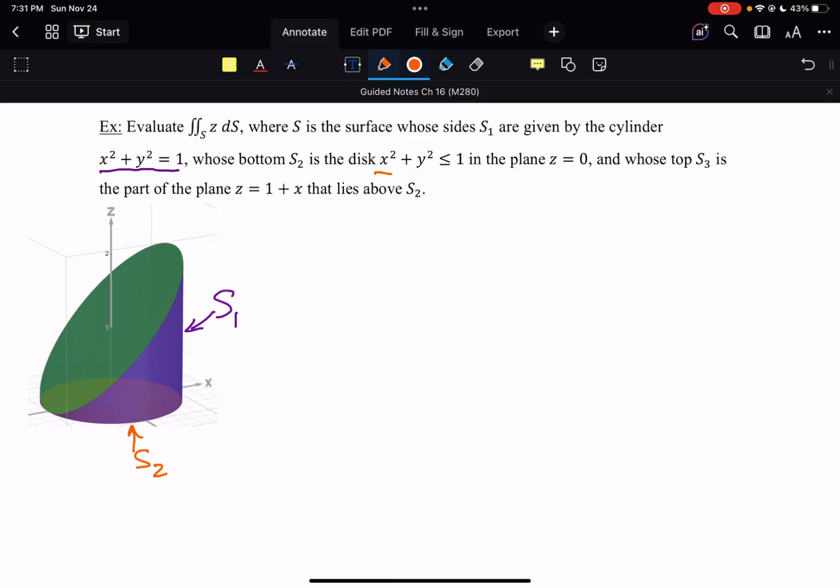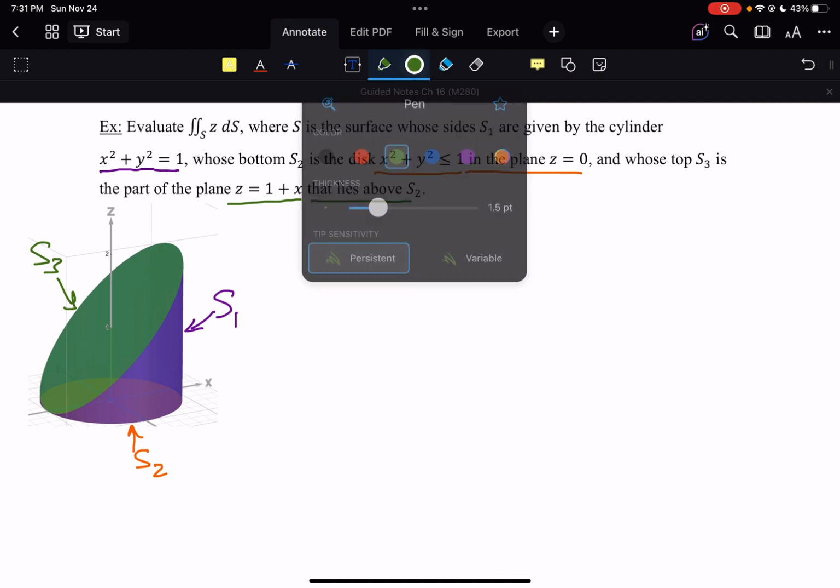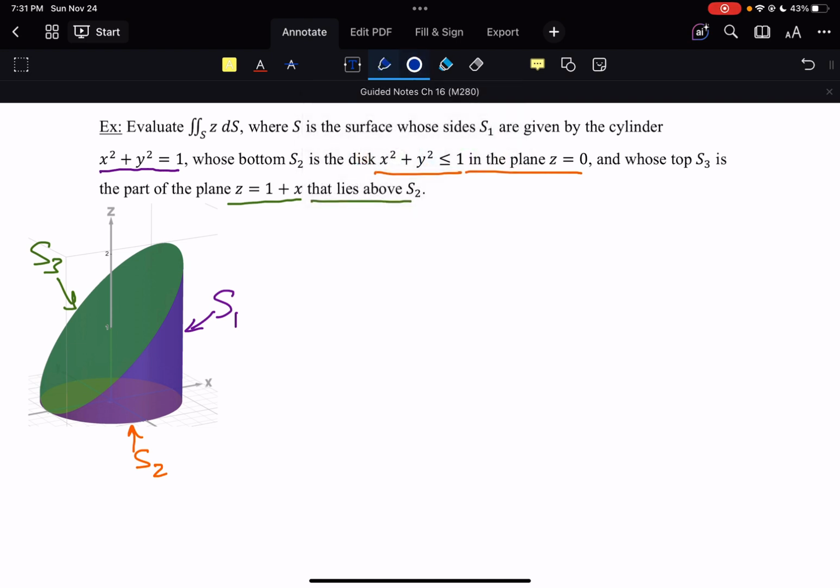And then the top, the one in green right there, that's S3. That's on the plane z equals 1 plus x that lies above S2, so it's bounded within that circular disk.